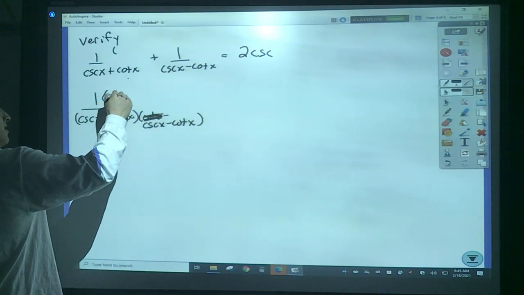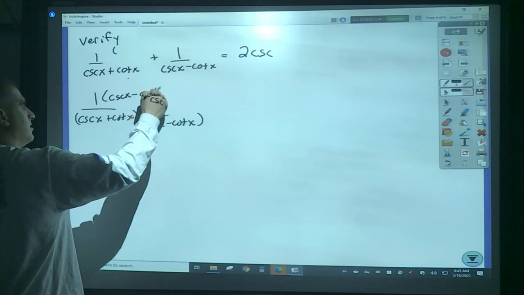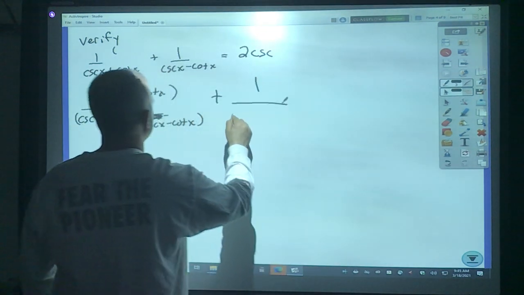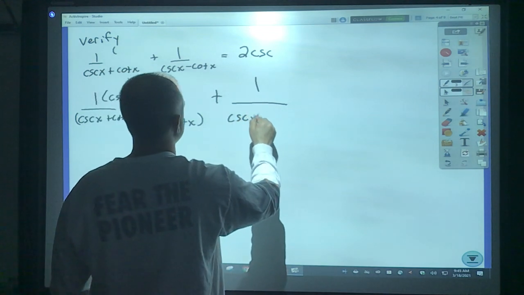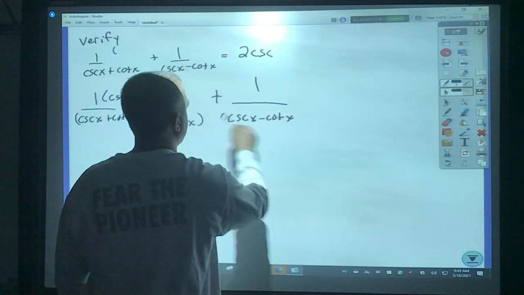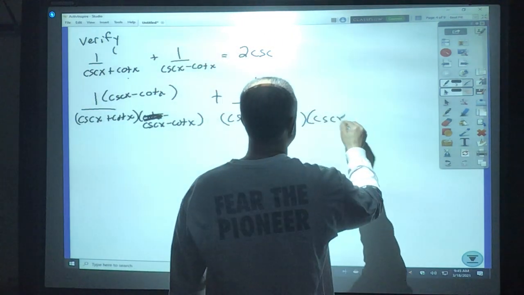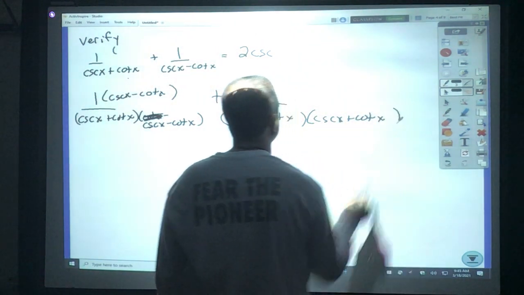I have to do that on the top and on the bottom. The same thing over here, I'm going to multiply this one by the plus version. Now, what's convenient about that is that's like a difference of squares.